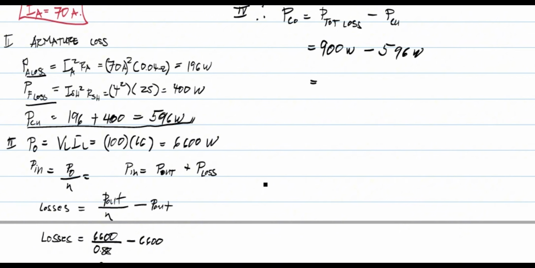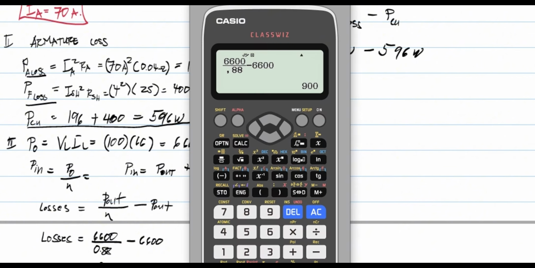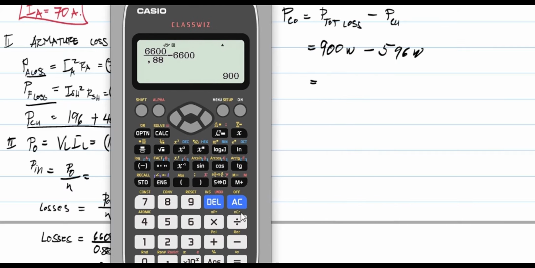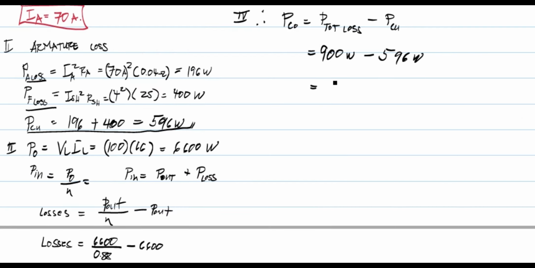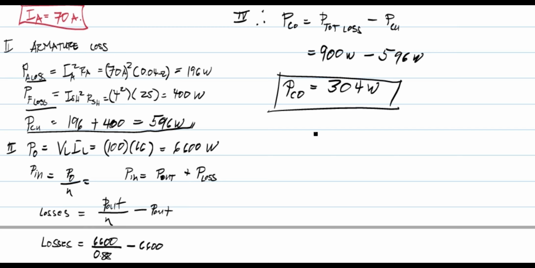So we have 304 watts, the PCO or the stray losses.